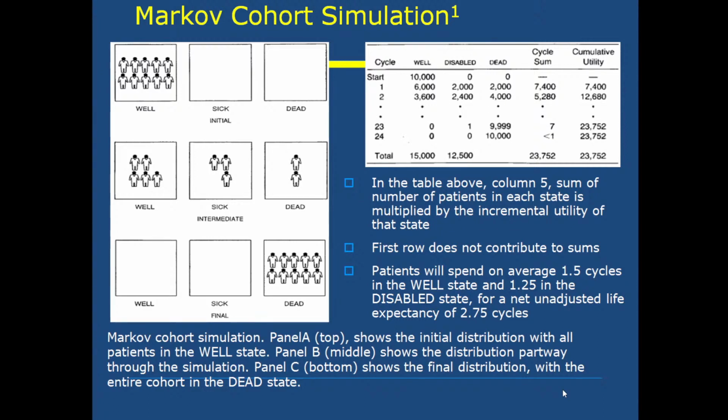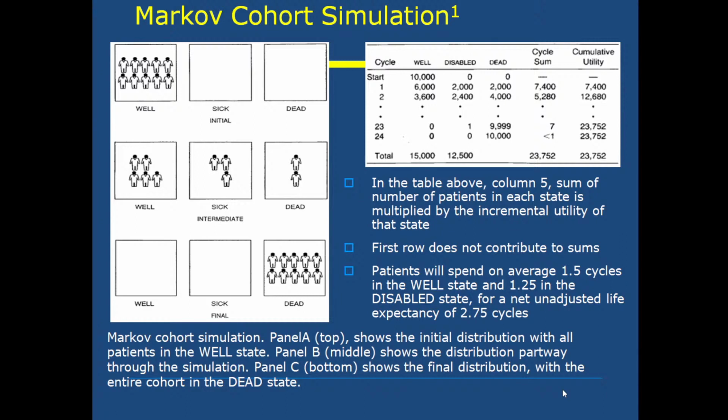All the patients are divided into three different groups: some of them stay well, some of them are sick, intermediate, and some of the initial group are dead.